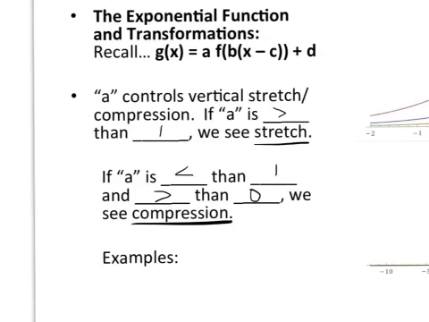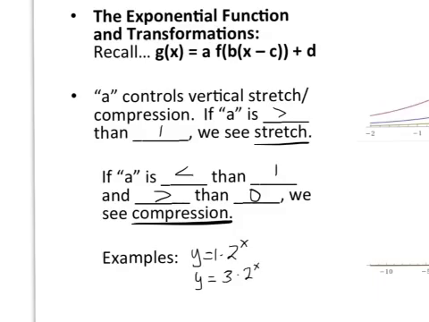If a is less than 1 and greater than 0, we're going to see vertical compression. So let's see some examples of what this would look like in exponential form. How about looking at the basic function of y equals 2 to the x. And a, in this case, would be 1. It's a little invisible one, but that's okay. How about if we took y equals 3 times 2 to the x?